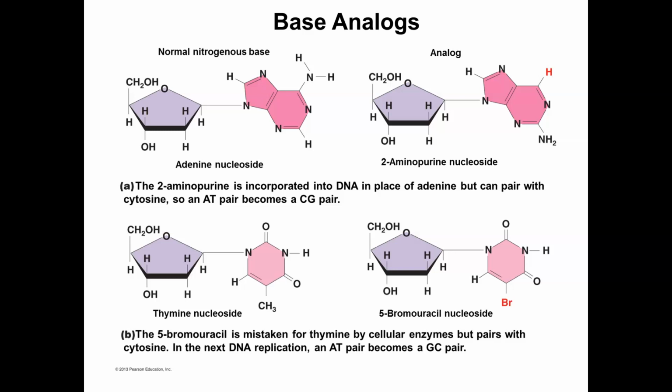Thymine, bottom left, its analog, and this is a common one, 5-bromouracil. 5-bromouracil can base pair with A or G. So this also can lead to point mutations. So here, most chemical mutagens just mess with the base pairing rules, so that you can cause point mutations.